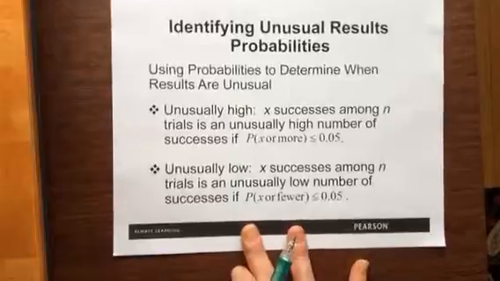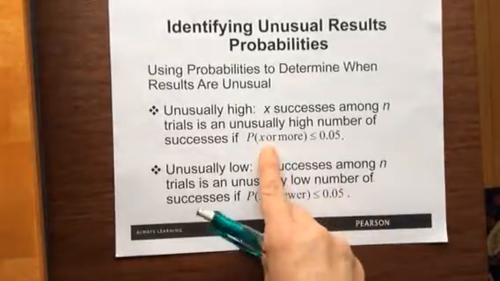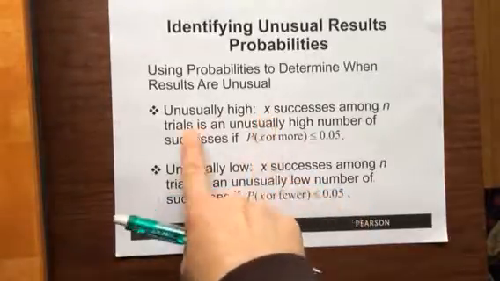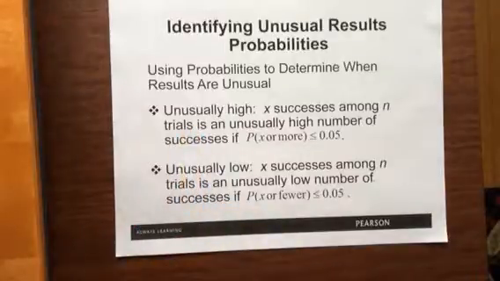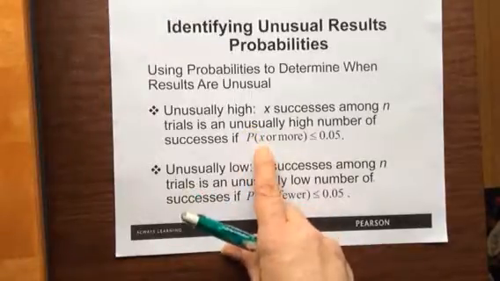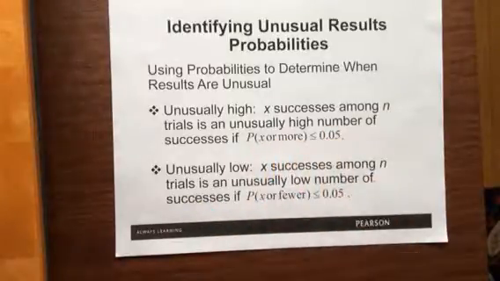So if we're using probabilities to decide, we would want to say that if we have X successes among N trials, so we do something over and over again, and the number of successes is labeled X, we would say it's unusually high if the probability of having that many successes, or even more, is less than 0.05.